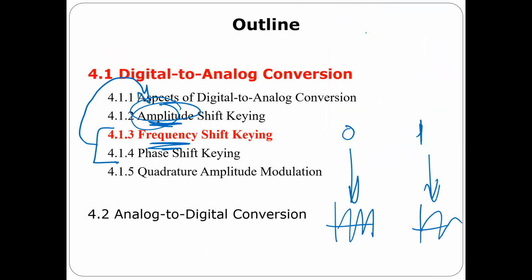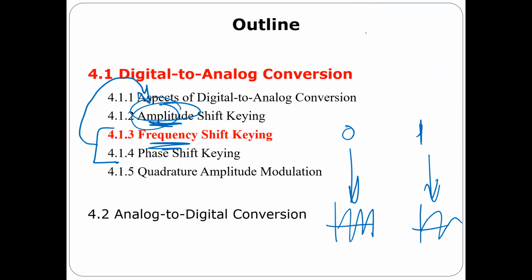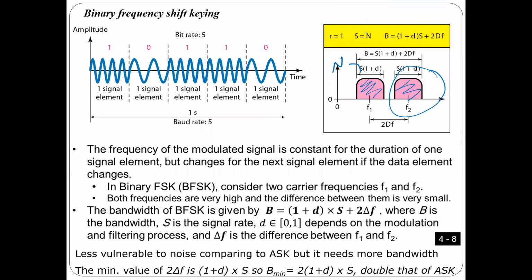In frequency shift keying, this one is more resistant to noise. This is a good thing. But I paid a heavy cost for that: double the bandwidth, as you see here.